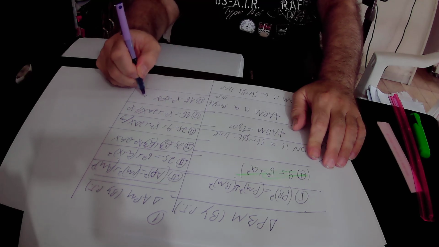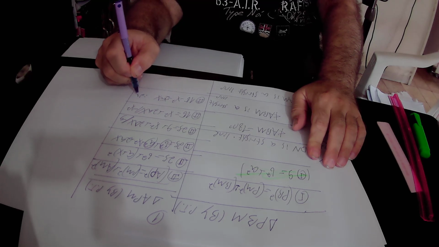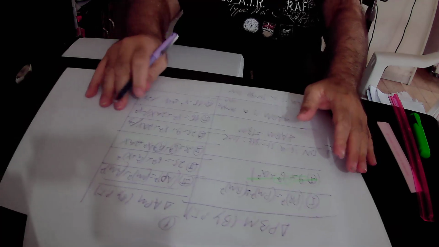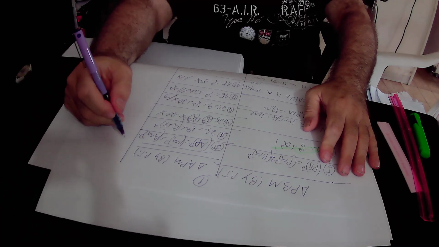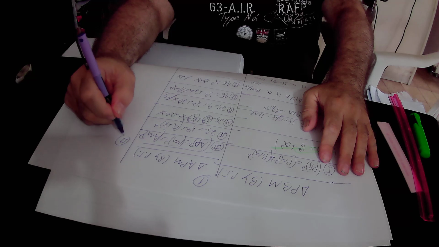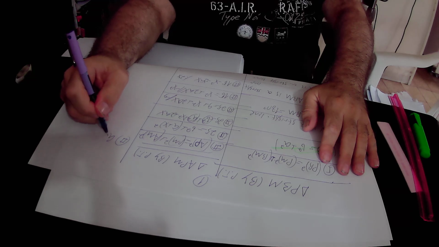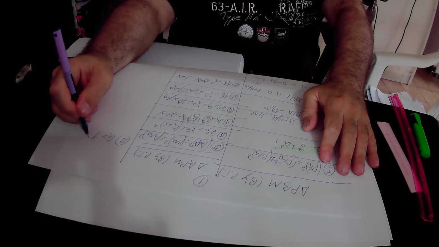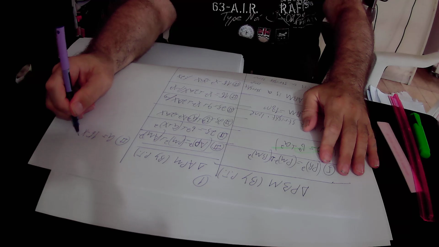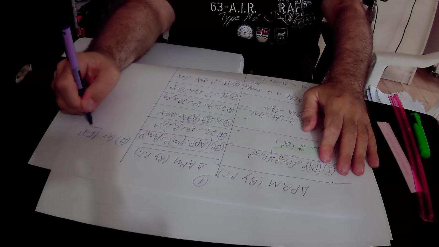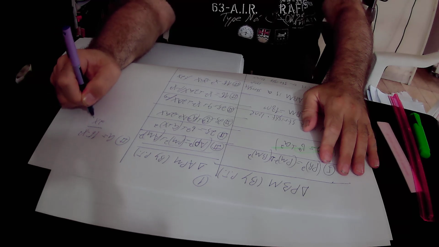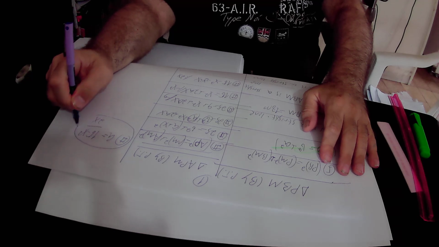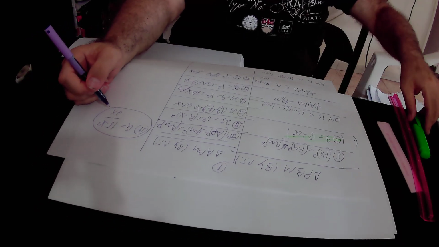Here we divide this equation by 2x, and we get that a equals (16 minus x squared) over 2x. So we actually found out the value of a in terms of x.